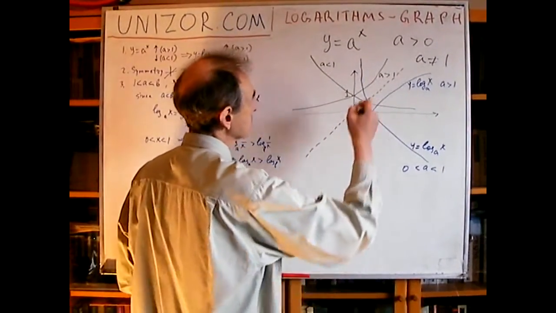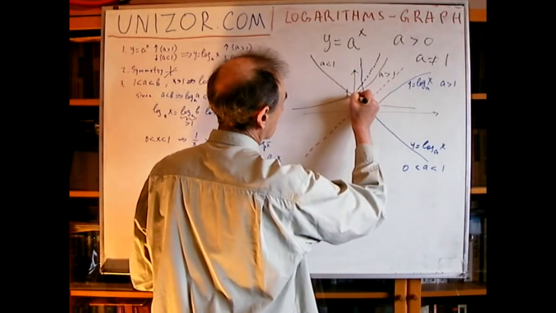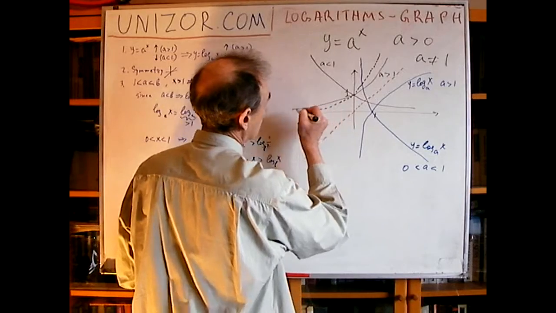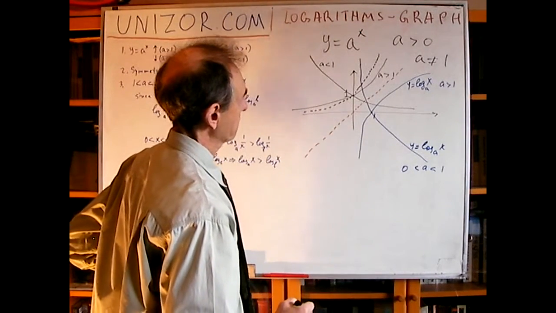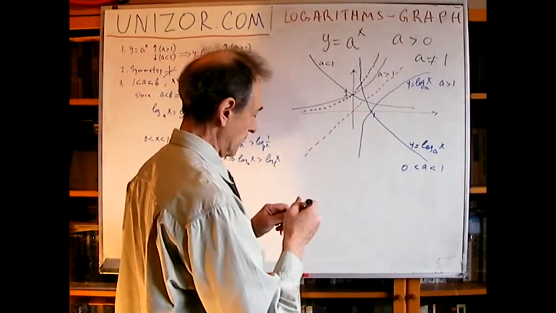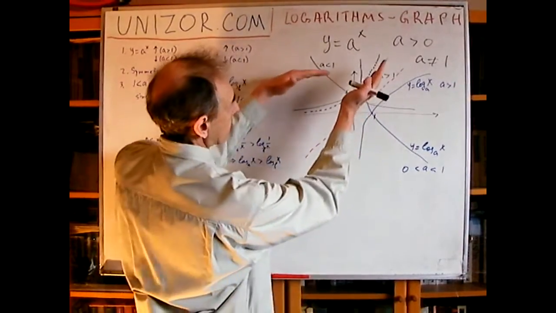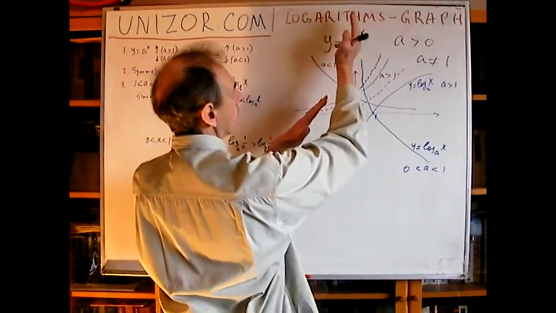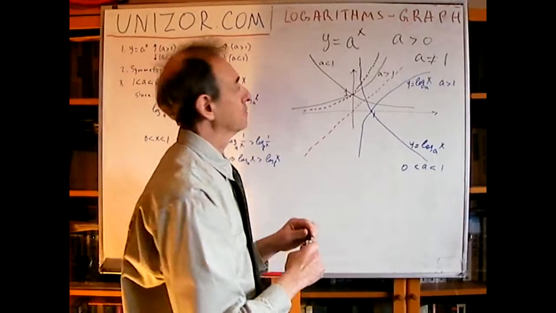So let me just use this. This is greater a. Now, similarly, it looks like the whole graph is turning this way when a is growing.